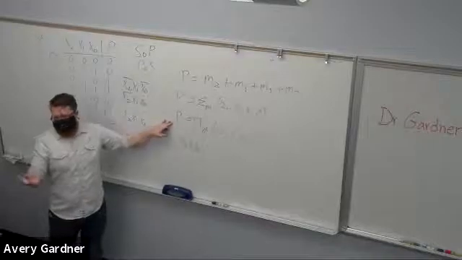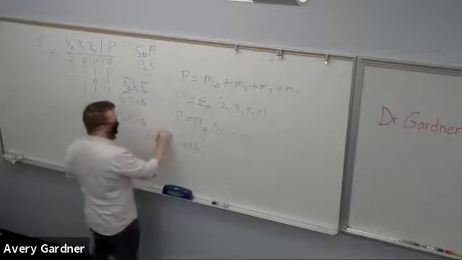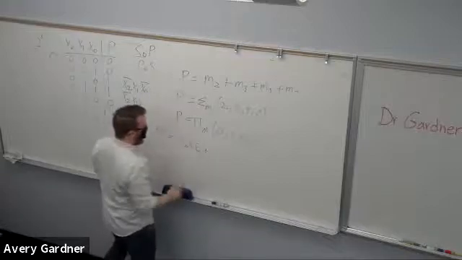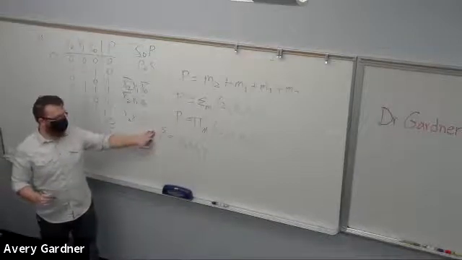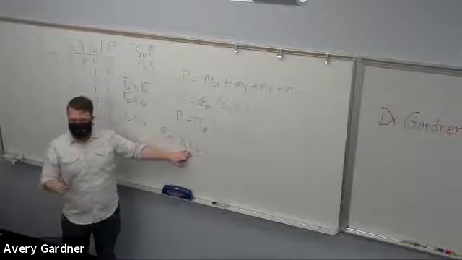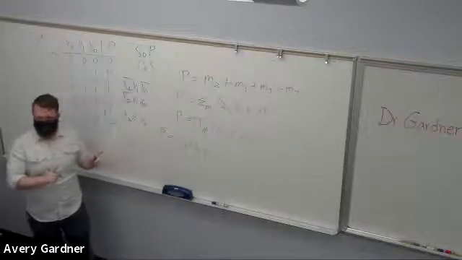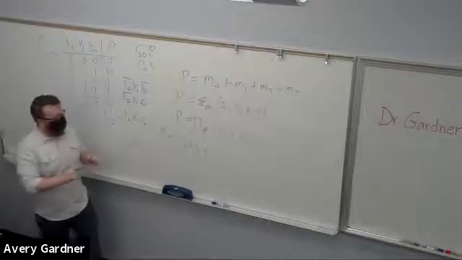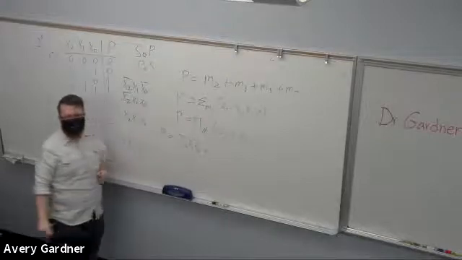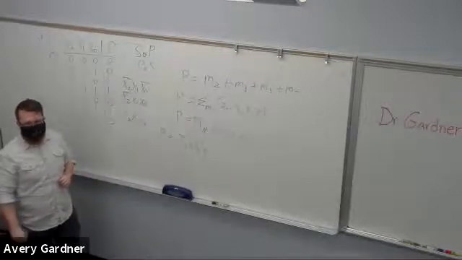So there's actually two ways that you could do this. You could say not P is equal to that. Or we can use De Morgan's, and we put the bar over here, right?